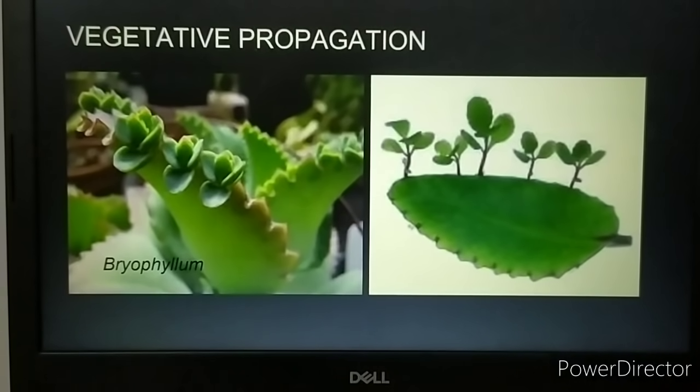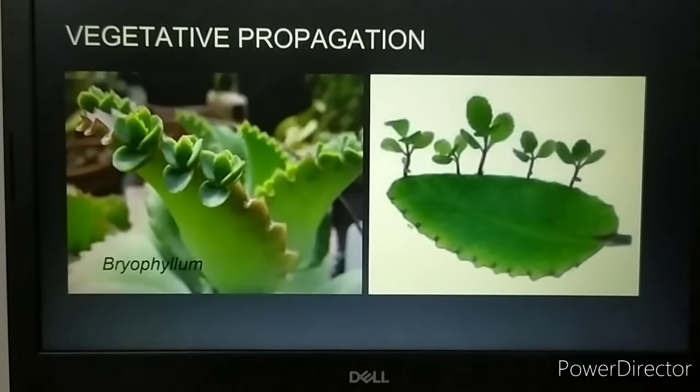Epiphyllous buds are the buds which have the potential to produce new plants, and this new plant which will arise from the notches will have shoots, small leaves, and also roots.